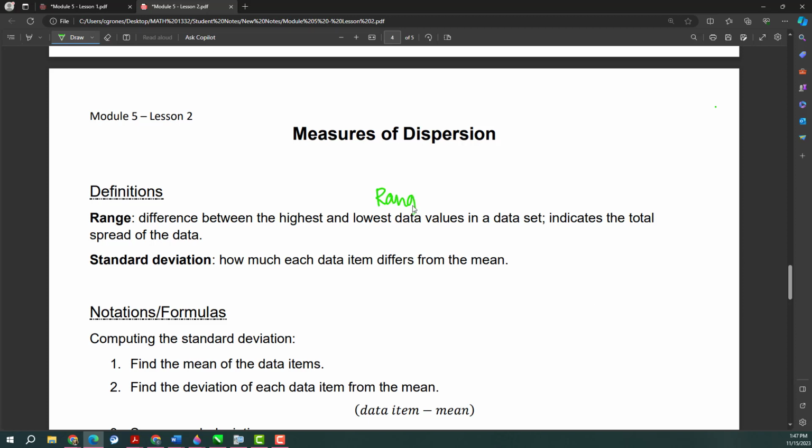So the range equals the highest data item minus the lowest. And then a standard deviation is how much each of the data items differ from the mean.